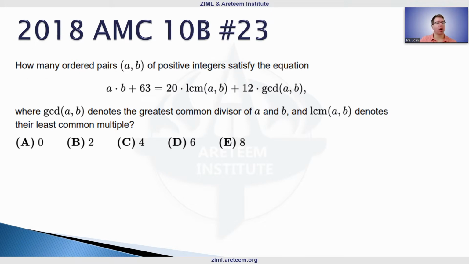So our first problem is from the 2018 10B number 23. And we're looking for integer solutions to this equation involving LCMs and GCDs. So we have a mix here of some number theory, of course some algebra, different things going on in this case as well.